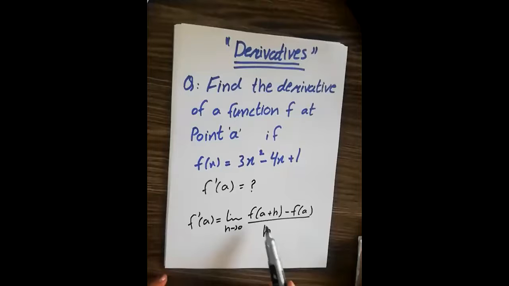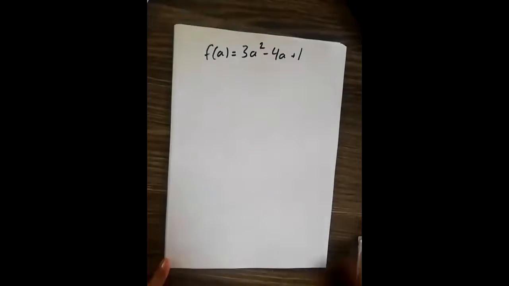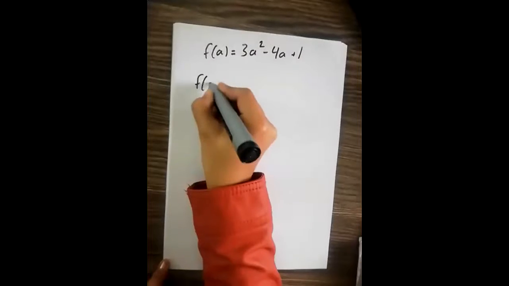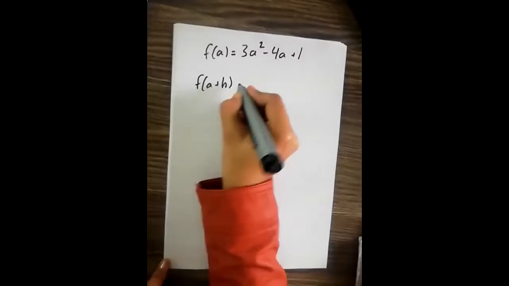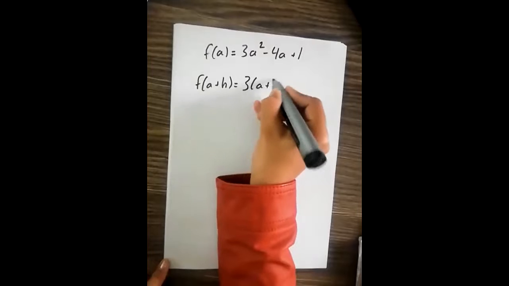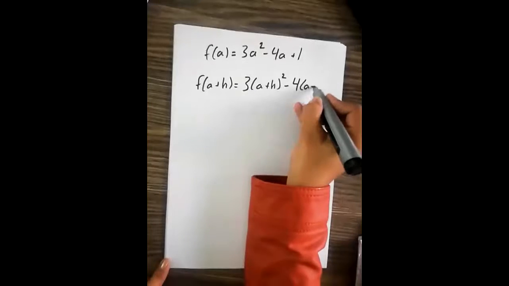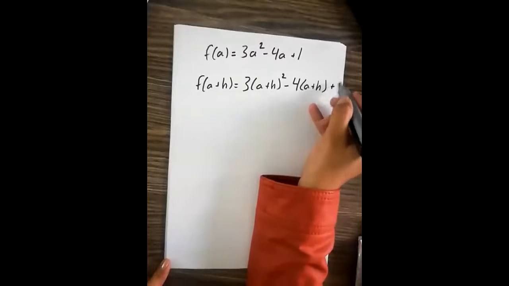So f of A is equal to 3a square minus 4a plus 1, and f of a plus h will be equal to 3 into a plus h whole square minus 4 into a plus h plus 1.